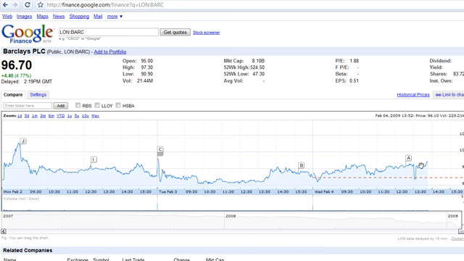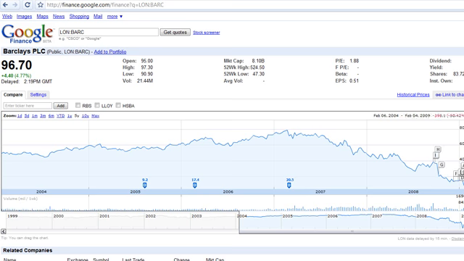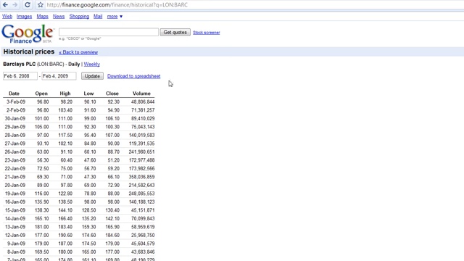It's up around 5%. And over a 5-year period, it's down roughly 80%. So to download that, I just go to historical prices, starting in 2004, updating the download and just taking it to a spreadsheet.